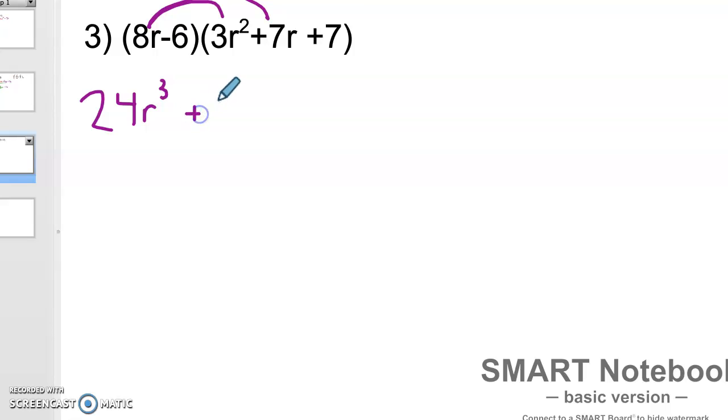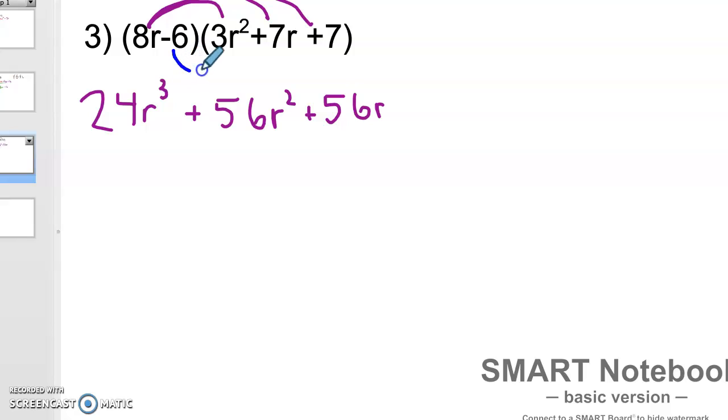8 times 7 is 56. And then r times r is r squared. And then we distribute 8r one last time, all the way over to positive 7, which is going to give us positive 56r. And we're going to do the exact same thing with negative 6.